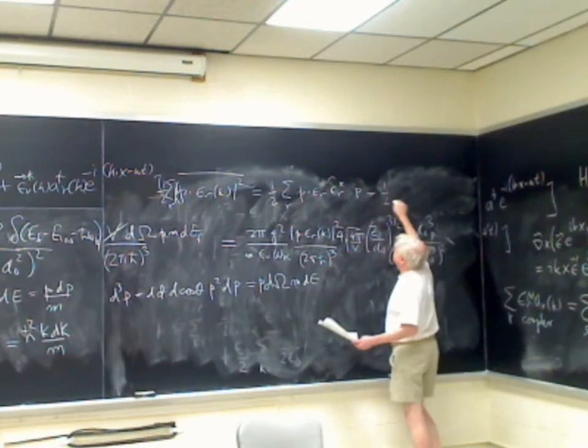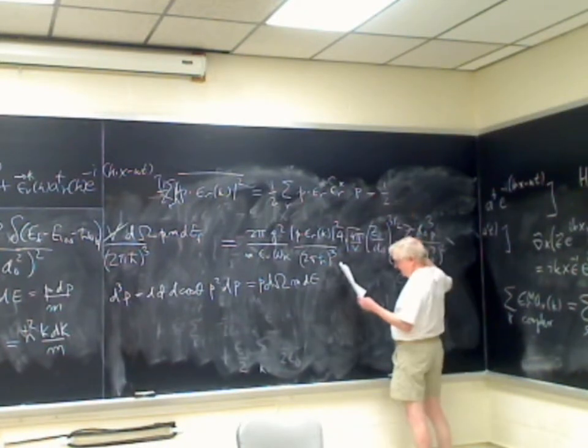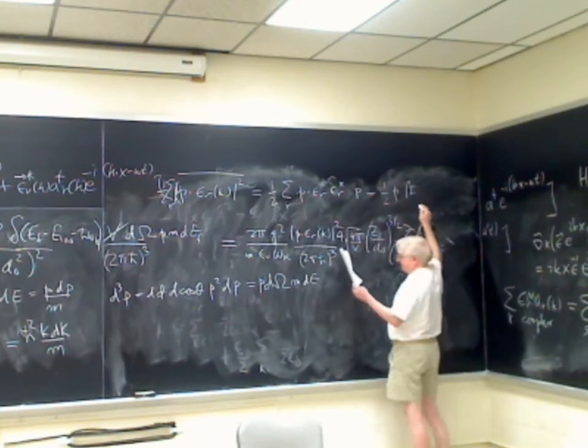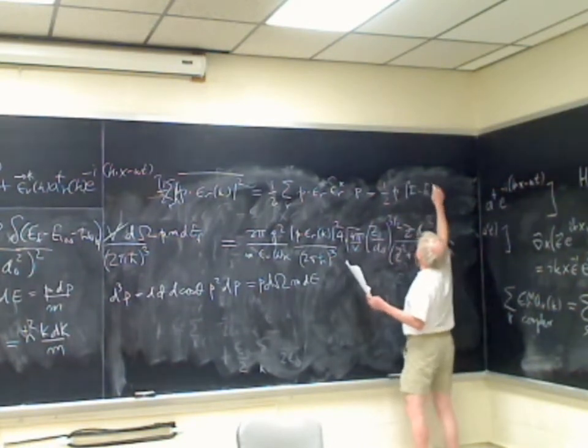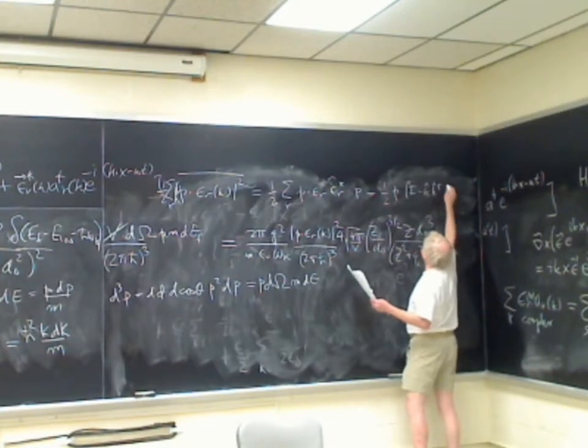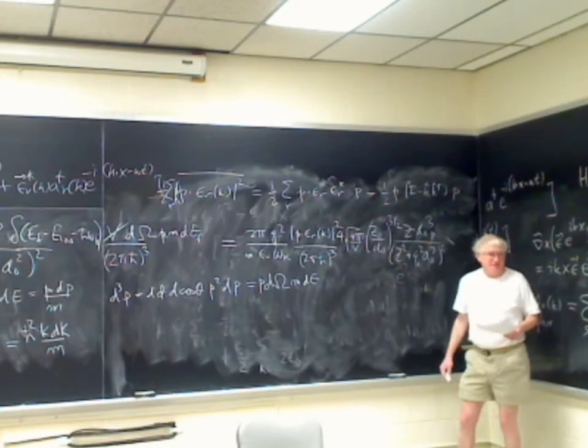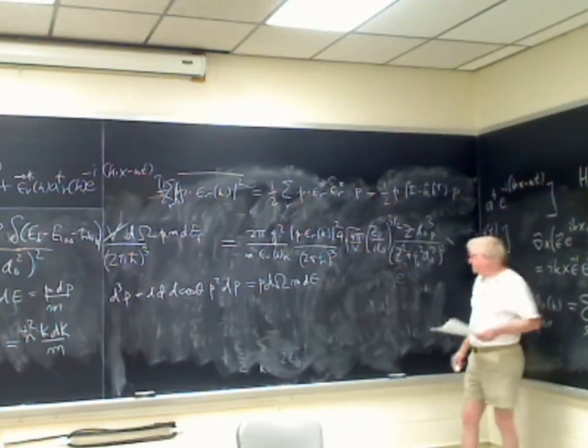And so that gives us 1/2 P dot the 3x3 identity matrix minus K hat K hat transpose dot P. So that's what happens to this particular sum.